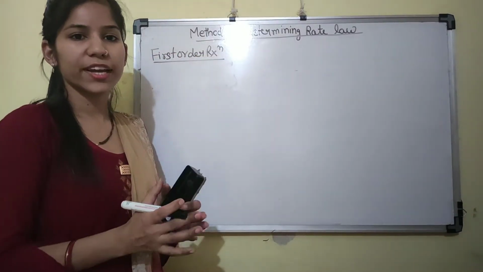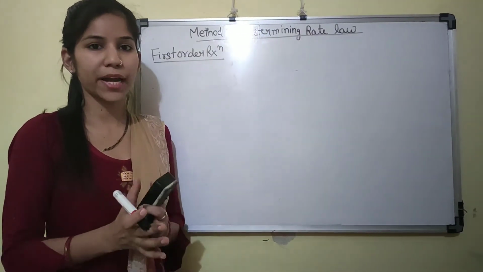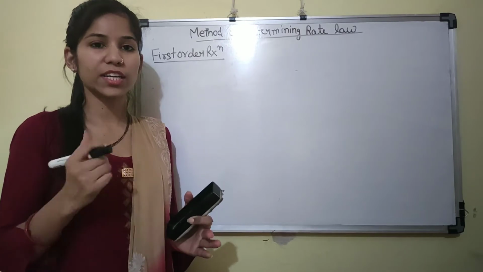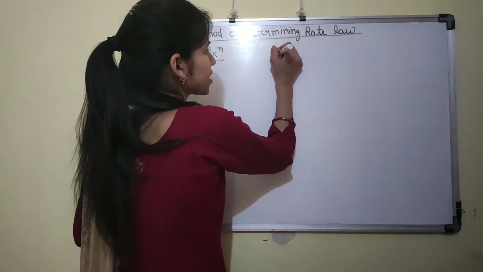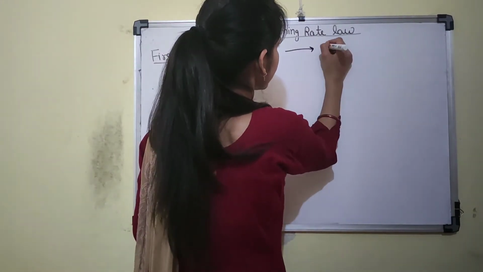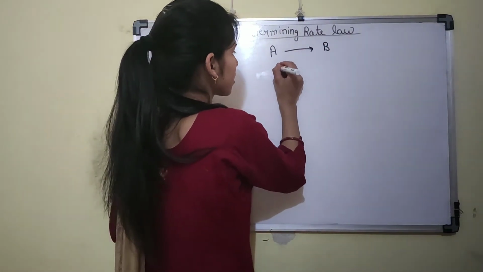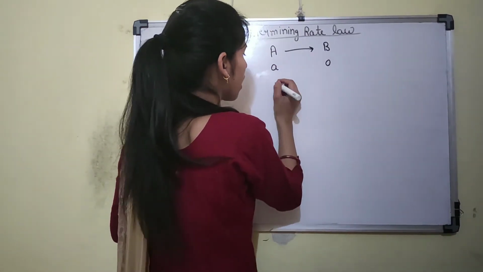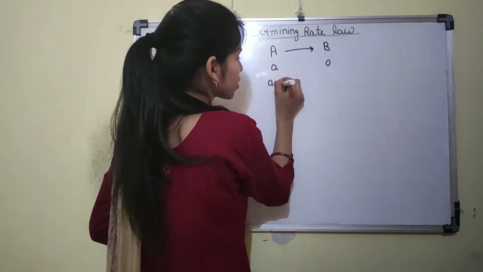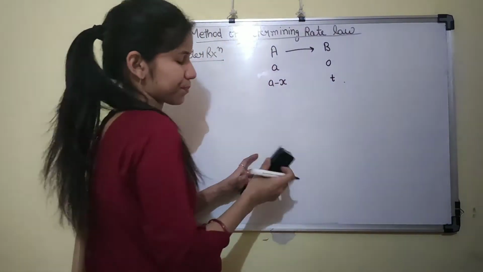First order reactions are those reactions in which the rate of a reaction can be determined by change of one concentration of the reactant. So this is a reactant A and this goes to product B. Initially they have concentration A and there is concentration 0, and after time t, there is concentration A minus x.